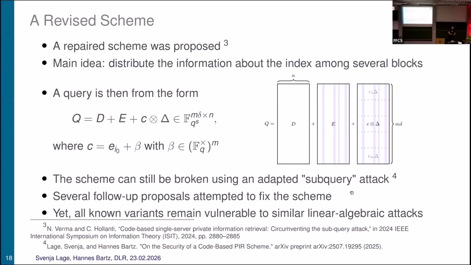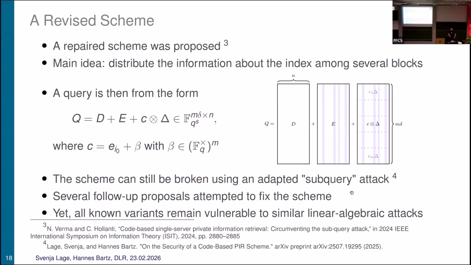We would have had an attack up to t minus one, because since you have the error only outside of an information set, you could go up to n minus k error weight. But it didn't work because they choose in the end n minus k as the error. So we looked a bit into other approaches, and what we did, we adapted the subquery attack, so it works a bit differently.